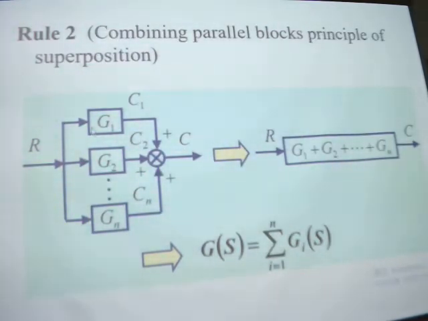Now the transfer functions parallel to each other. What's the transfer function of the complex system?